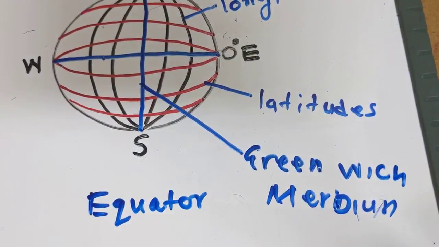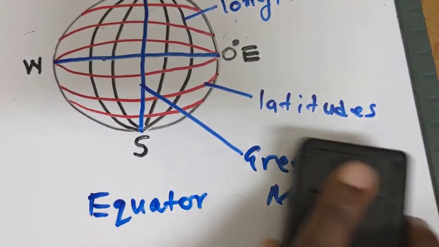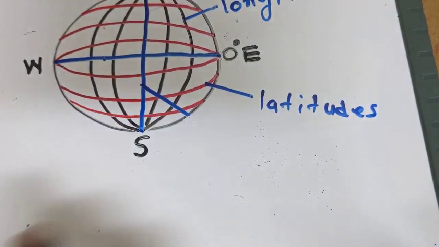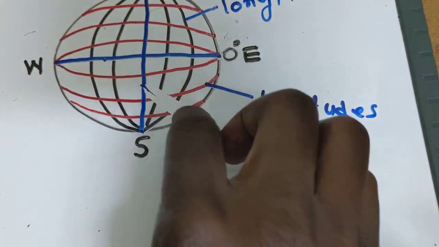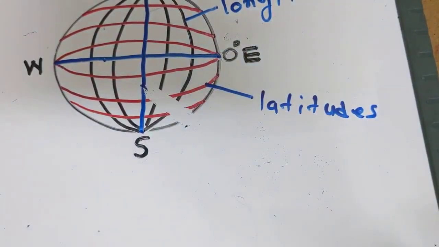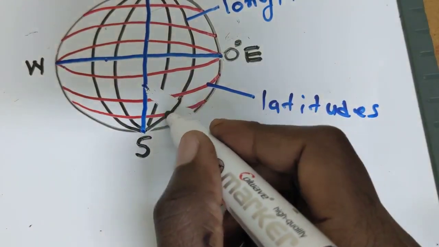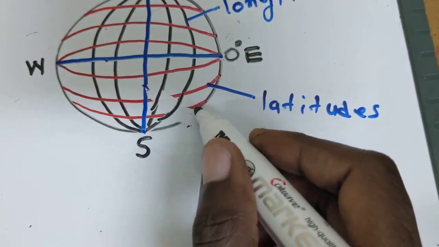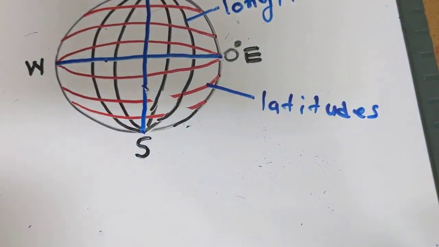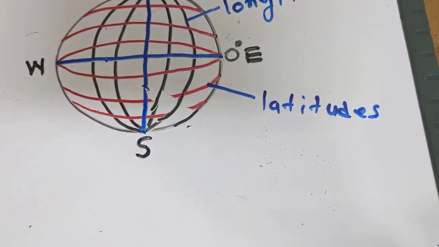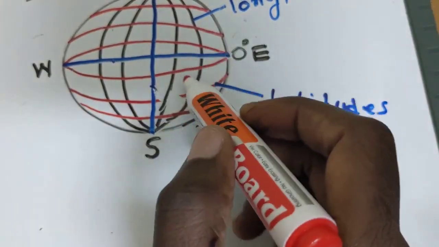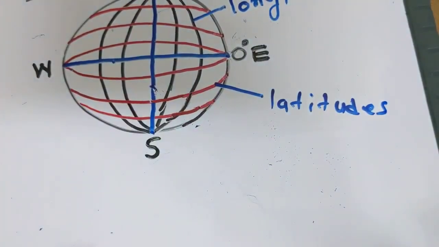All right, so those are the important things to note on earth geometry.